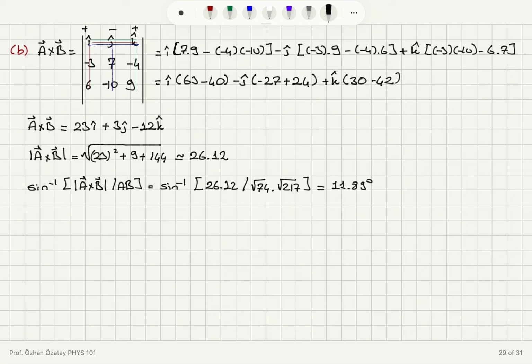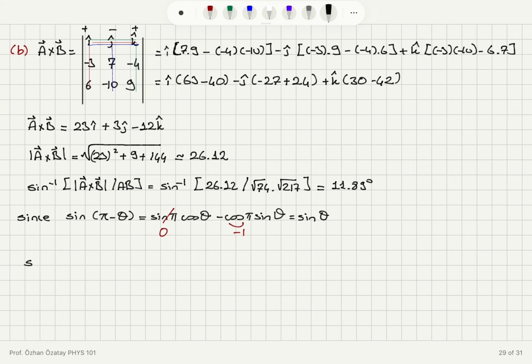11.89 degrees. Now I note that since sine of pi minus theta is sine pi cosine theta minus cosine pi sine theta, and sine pi is 0, cosine pi is minus 1, this is equal to sine theta.